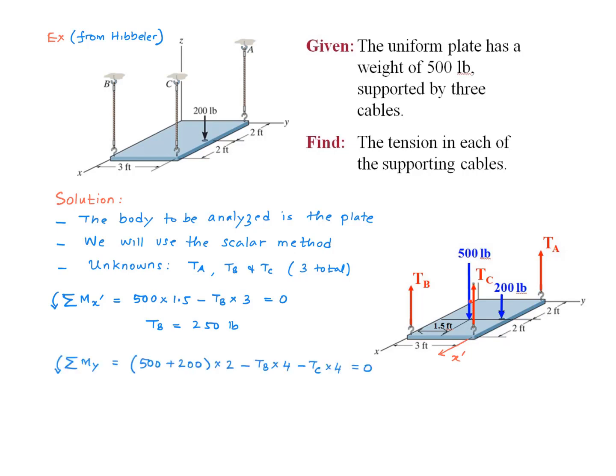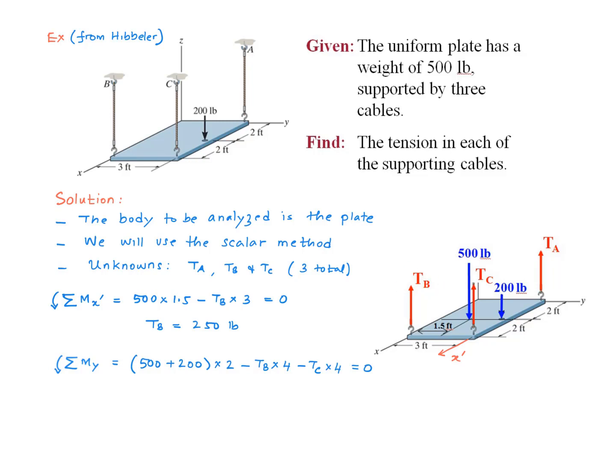Now I'm going to write down a moment equation about the y-axis, all right? The 500 pounds and 200 pounds are both acting vertically down, and they both have the same perpendicular distance from this axis, so I have grouped them over here, 500 plus 200 multiplied by 2 feet. The moment due to these forces is counterclockwise, so they go in as a positive term in that equation.